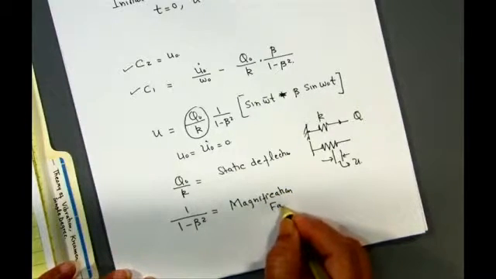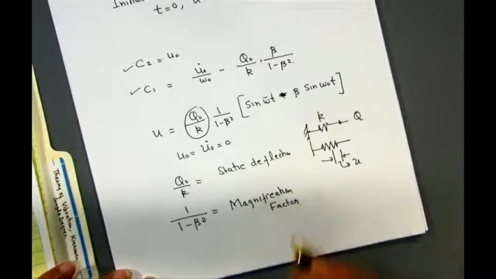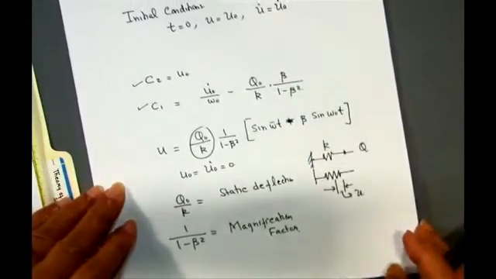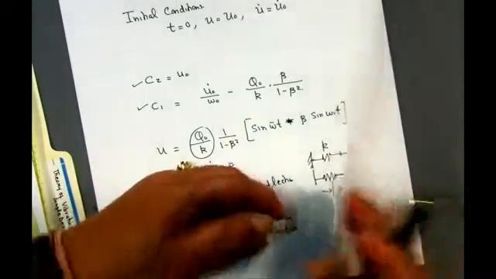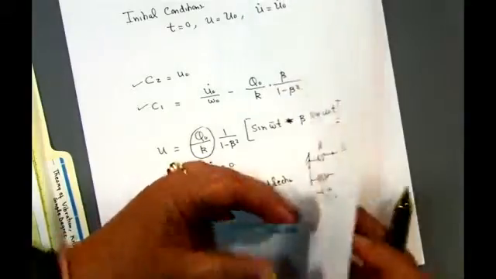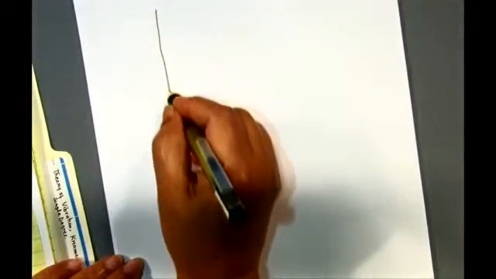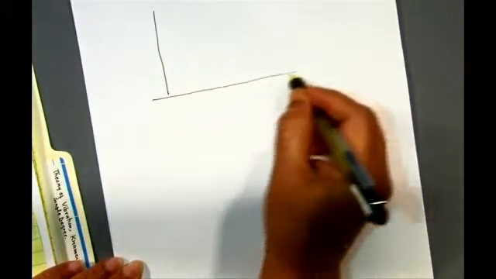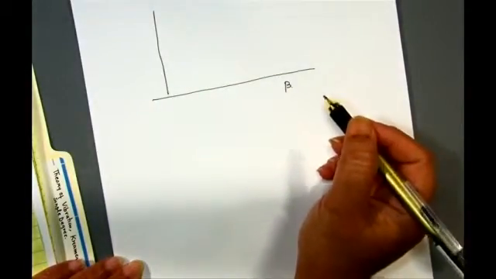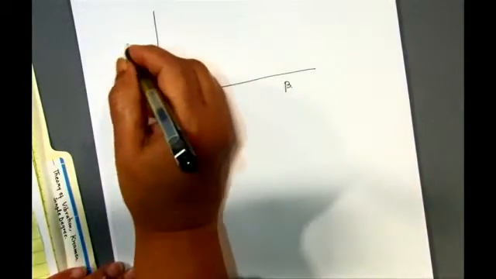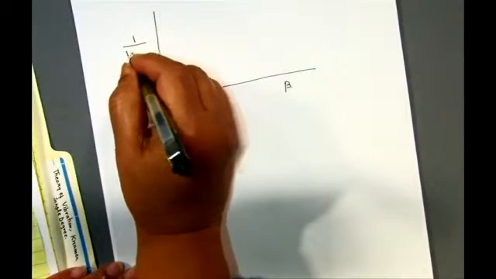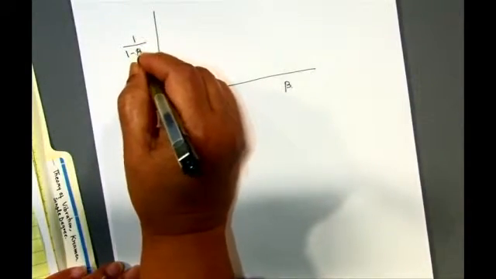Okay, and this is very important, and I'll show you why this is important. Let me turn to the next page. In the next figure, I'm going to plot the value of beta on the horizontal scale, and I'm going to plot the magnification factor, which is 1 over 1 minus beta square.